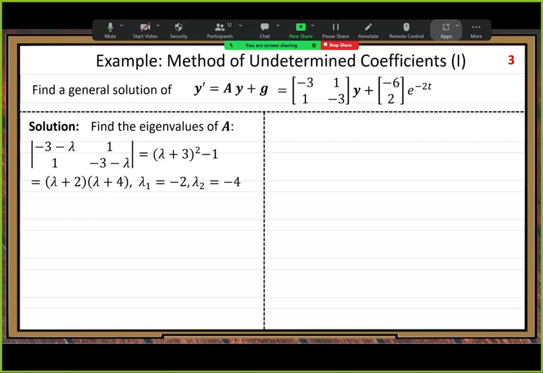So we have two E functions we can use in our general solution expression. Then find the eigenvectors of A corresponding to these two eigenvalues. We need to solve two homogeneous linear systems to find these two eigenvectors.